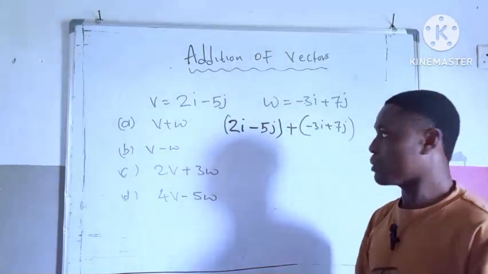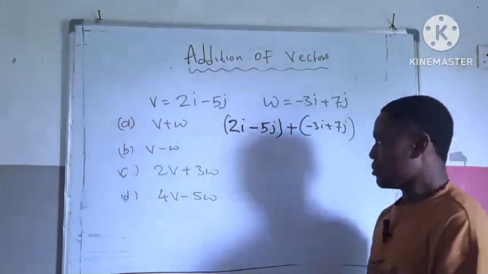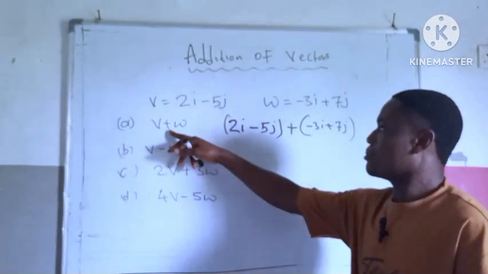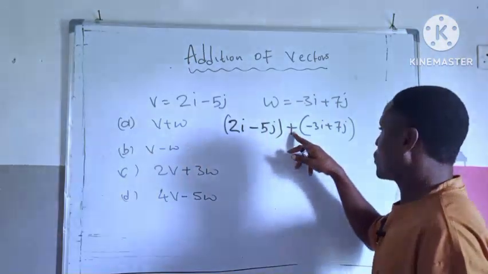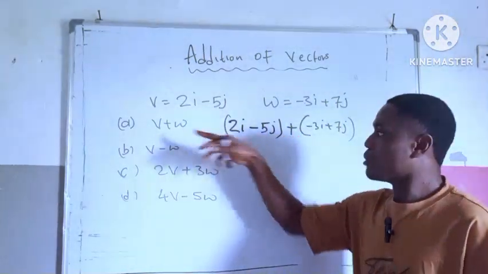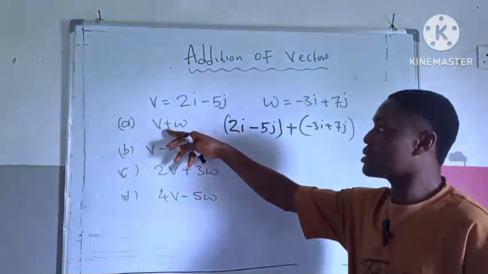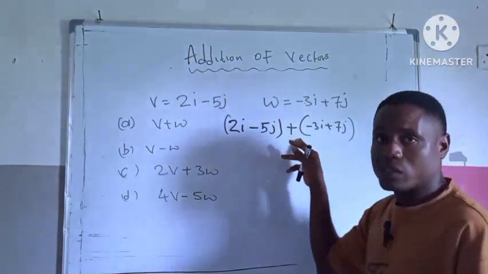Now we have everything. Supposing the middle is minus, we'll add minus sign there, but here is plus. Any sign you see at this middle, you will put it here.